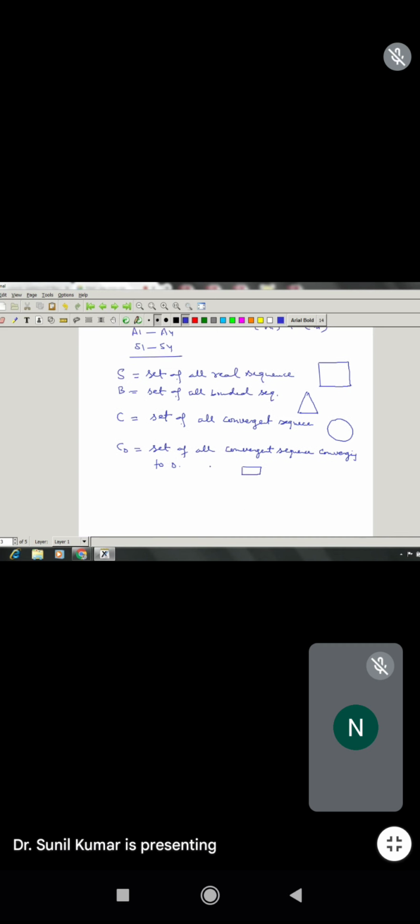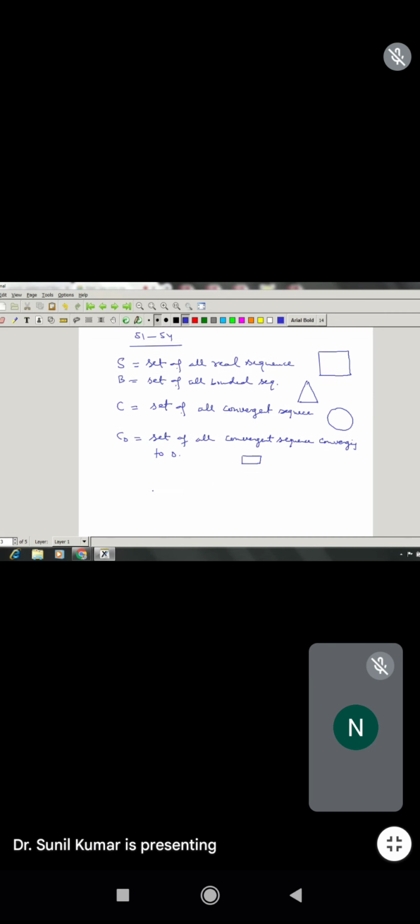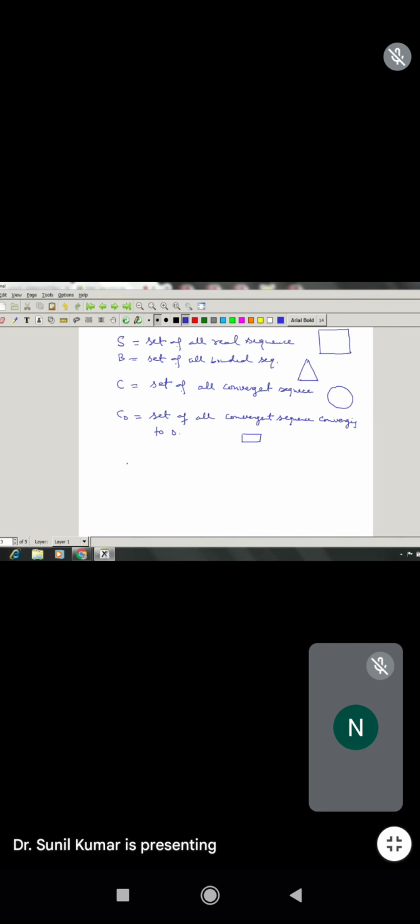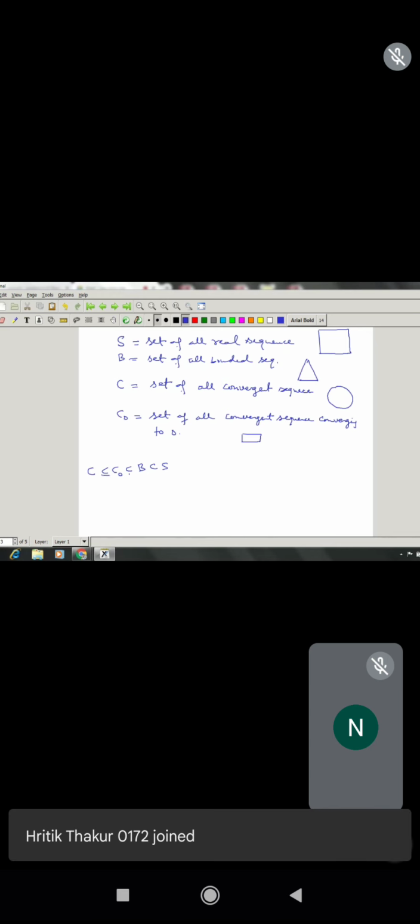So can you tell me which one is a subset of the others? Is S a subset of B, and this is a subset of C0, and this is a subset of C? Is this the right way?